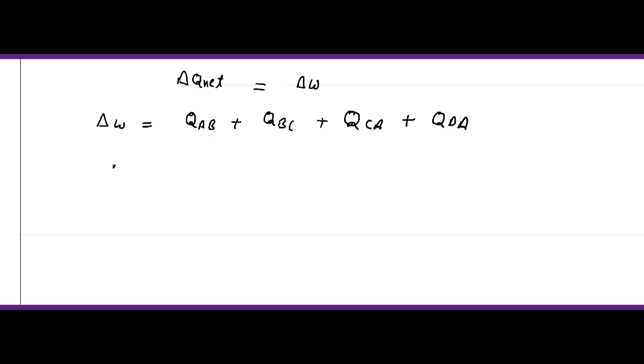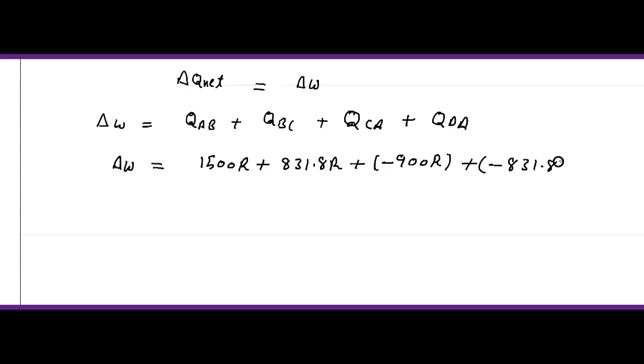Now we put the values: in the first case 1500 R, in the second case 831.8 R, in the third case minus 900 R, and in this case minus 831.8 R. After calculating this term will come 600 R, which is the work done. This is the total work done by gas during the complete cycle.